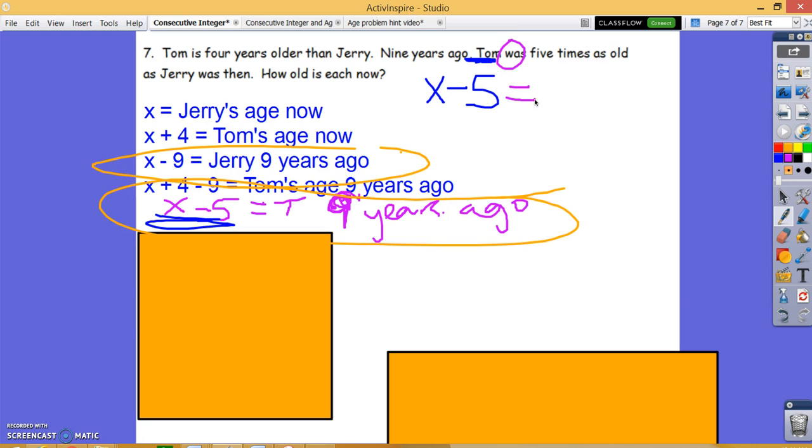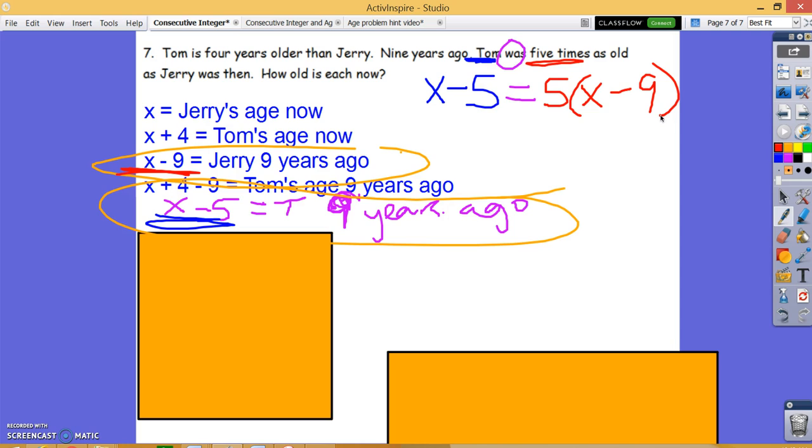It's an equal sign. If I say I found out that 2 plus 3 was 5, that's an equal sign. So Tom, X minus 5, was is an equal sign. 5 times as old as Jerry. So 5 times, I'm going to need to say times 5. Now Jerry was this age at that time, so X minus 9.